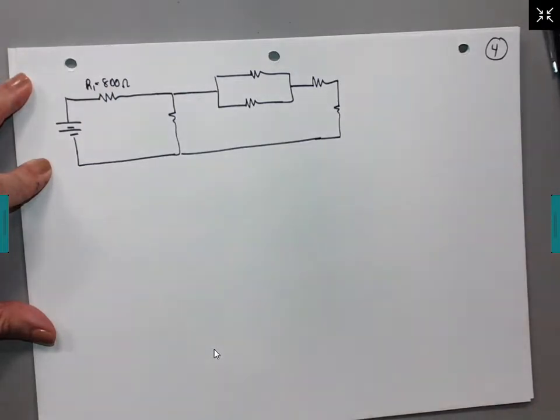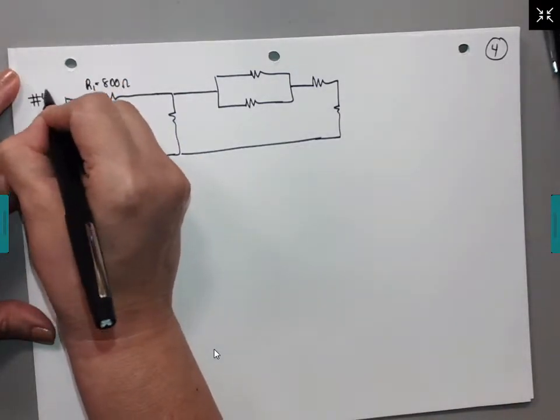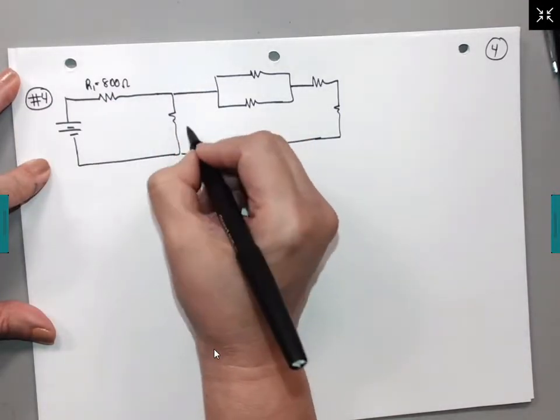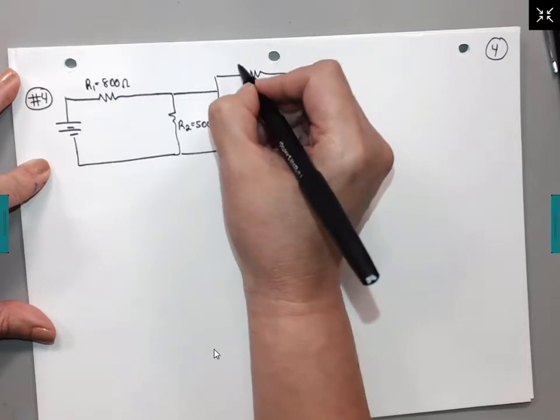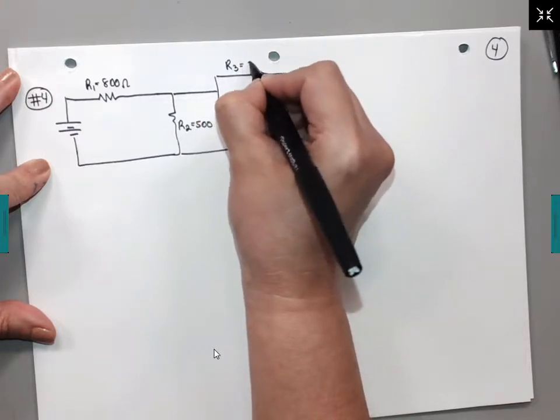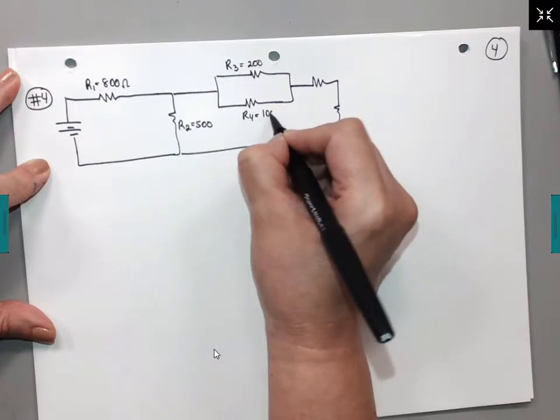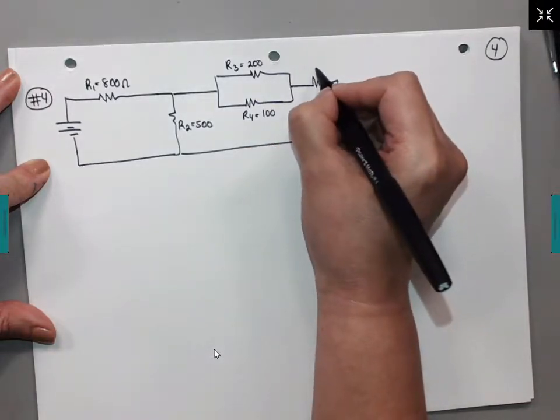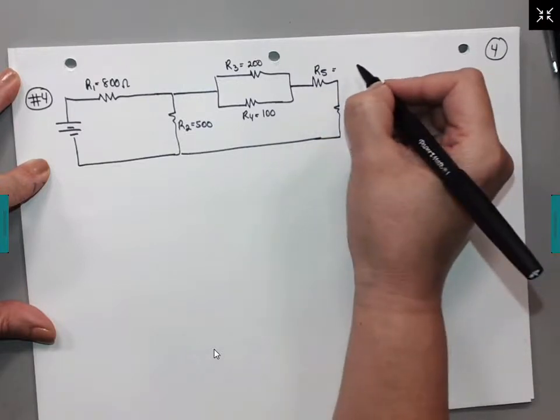All we're looking for is RT. At this point, RT is very important. And then R3 is 200. R4 is 100. R5 is 400.